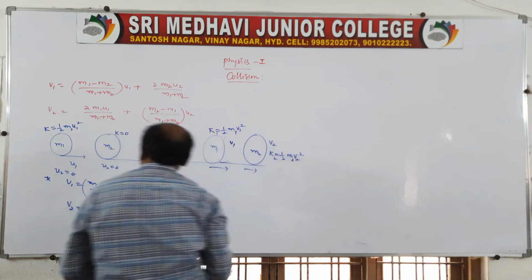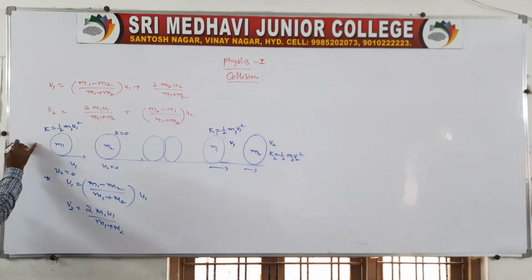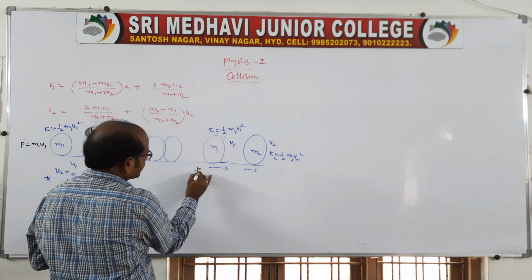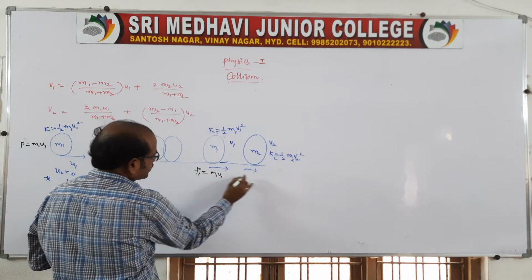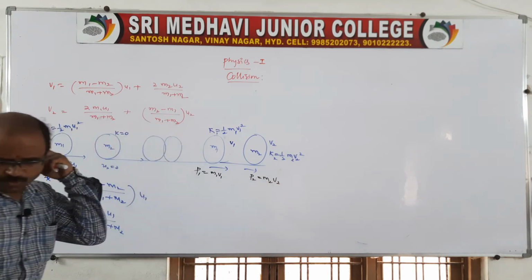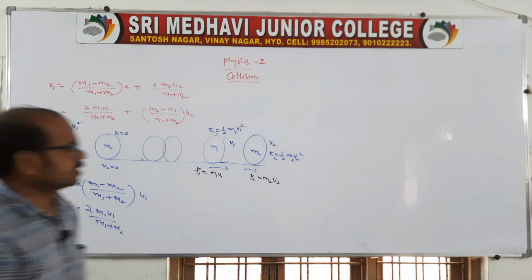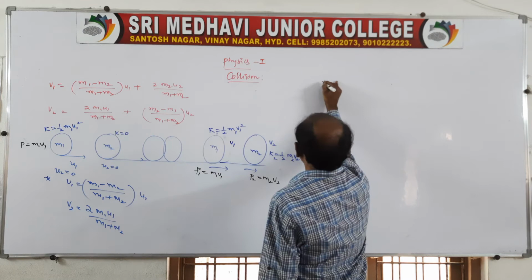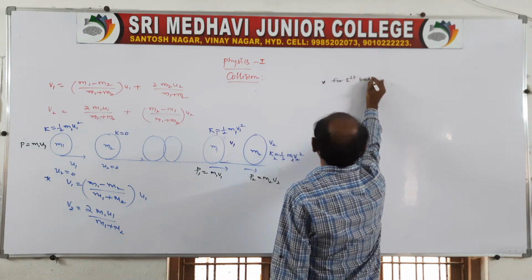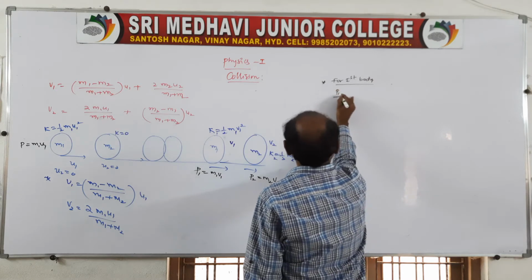So on the basis of that, I would like to write here the momentum before collision, it is m1 u1, sorry, u2 it is 0, and after collision p1 is equal to m1 v1 and p2 is equal to m2 v2. Your wish, you want to write p1 by p or p2 by p, whatever it is. For the first body you write like this, p1 by p.